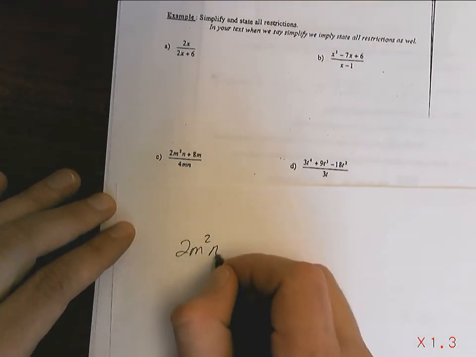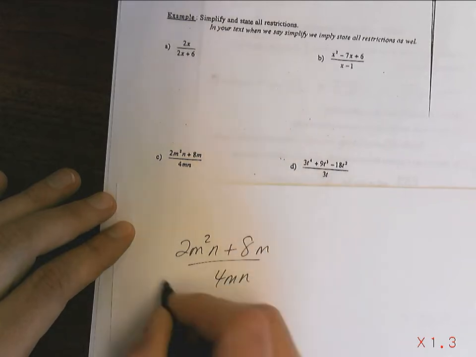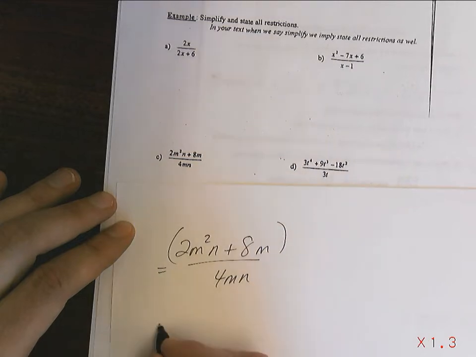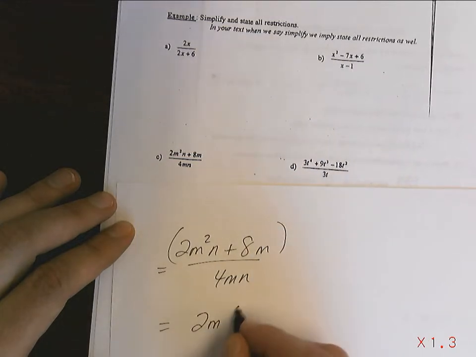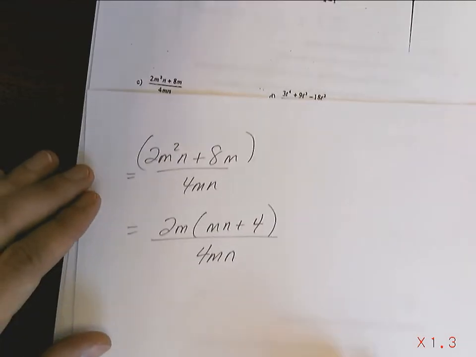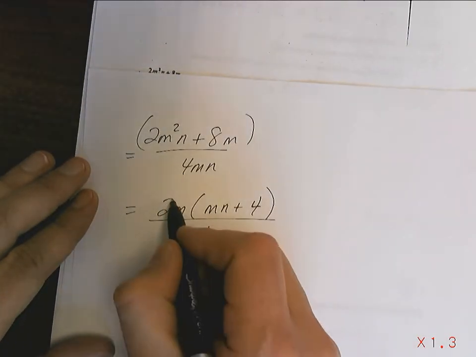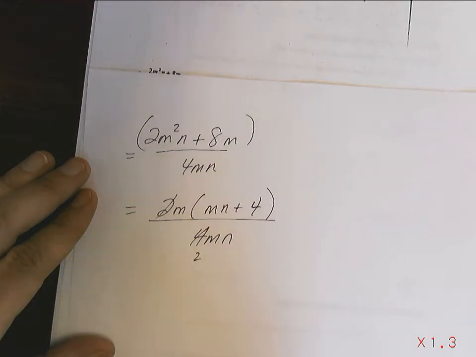2m squared n plus 8m over 4mn. Brackets, common factor. 2m times (mn plus 4) over top of 4mn. Now looking at that, we need to reduce. There's a 2 here. This 2 and the 4 will reduce.